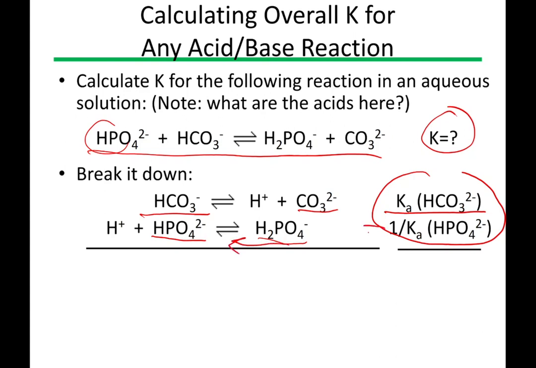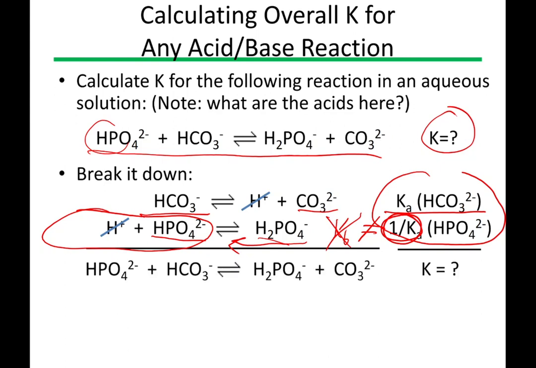Notice this does not equal Kb. We're not making any OH- over here, so this is not the same as the base dissociation. This is just the acid dissociation written backwards. The H+ will cancel from both sides, and that gives us this reaction that we have written up above.